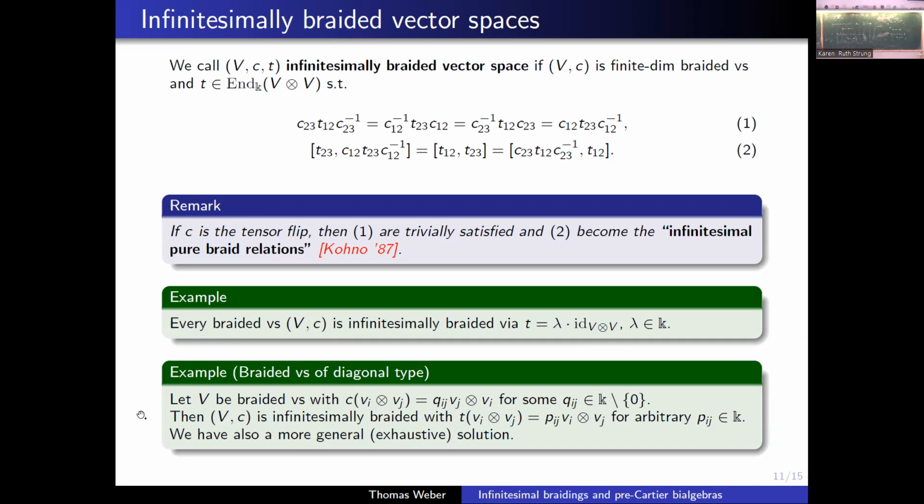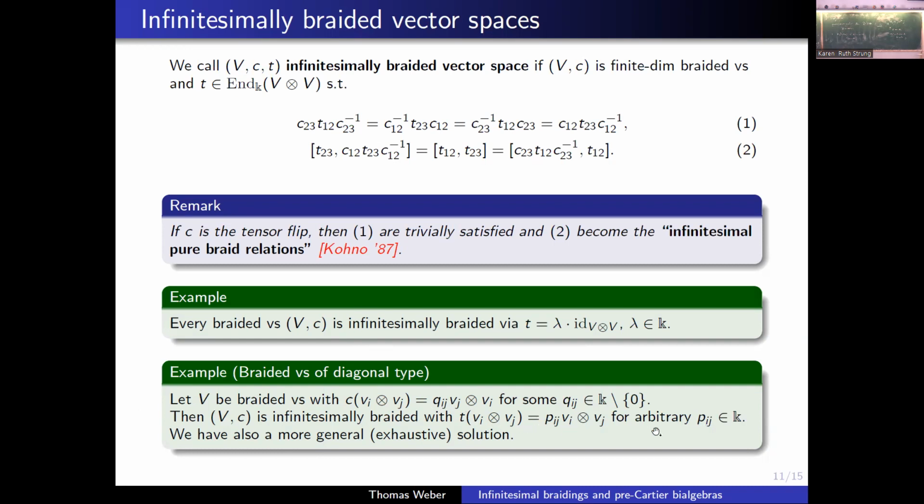Okay, one less trivial way to solve it: if we look at a braided vector space that is of diagonal type, which means that C simply flips the spaces and multiplies with some non-zero number, then you can show that you can take T that simply multiplies your base vectors.